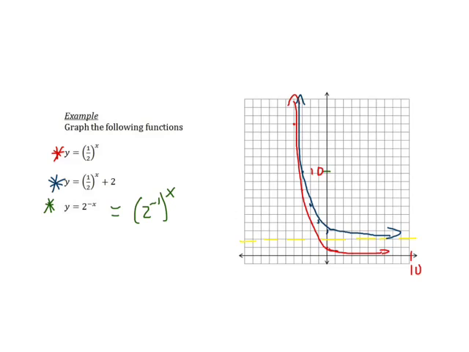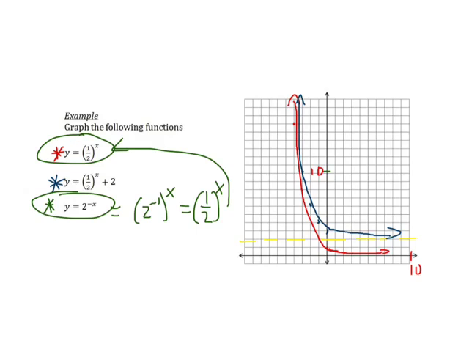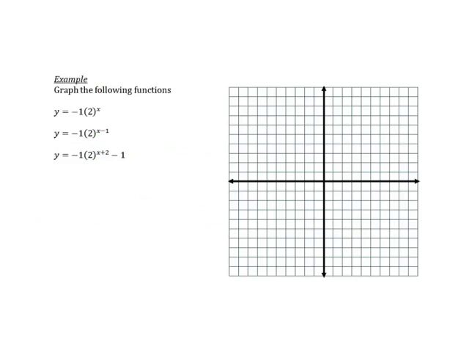And 2 to the negative 1 is 1/2, so that's 1/2 to the x. And this turns out to be the same graph. So these two graphs are exactly the same, and we don't need to regraph it. But just realize if we have a negative exponent, it's just going to give us that inverted graph.